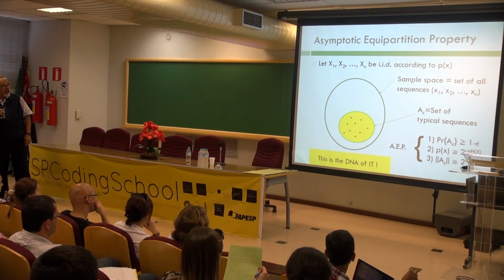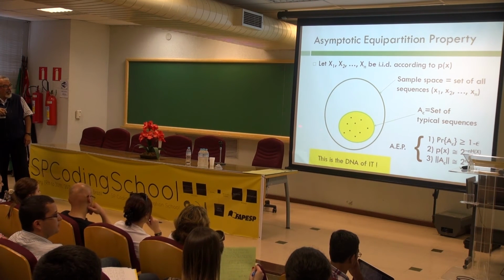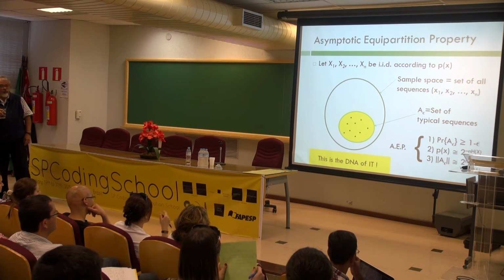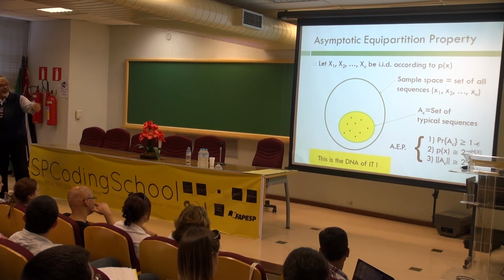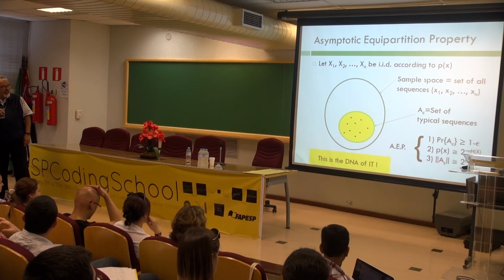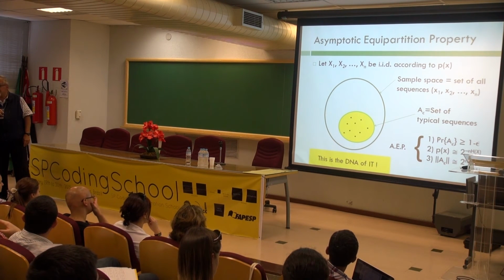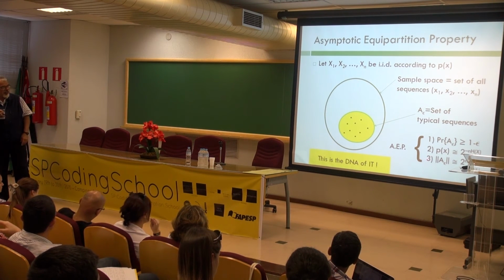It's 2 to the minus nH. And how many of these are here? Well, if you have that probability and they are uniformly distributed, the cardinality of this set is essentially 2 to the plus nH. Complementarity, right? And again, this can be made precise.